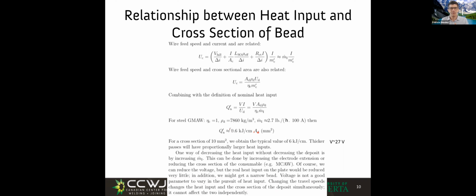This is very powerful. Some of you might be distracted by the math and the symbols, but you know what this means? If I look at the cross-section of a weld, I can tell you the heat input, without knowing the voltage, without knowing the amps, without knowing anything.